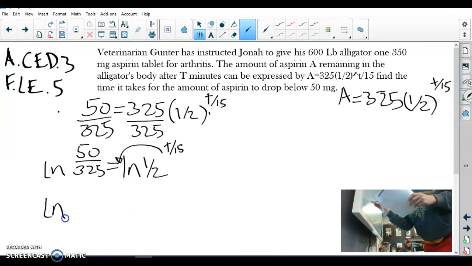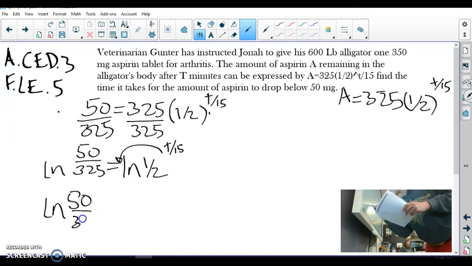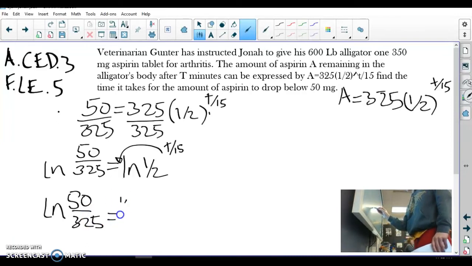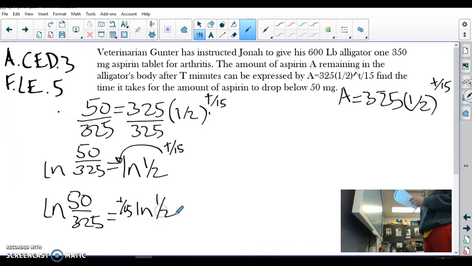We got ln of 50 over 325 equals T over 15 times ln 1 half. Now we're going to multiply by 15, doing the same on both sides.